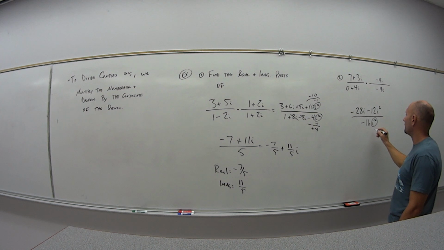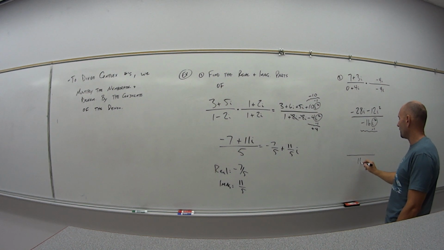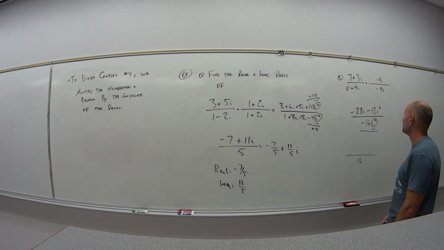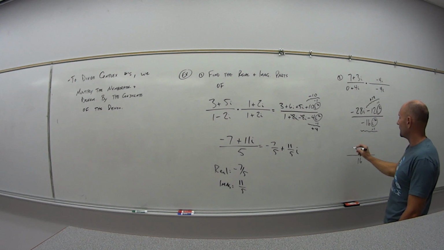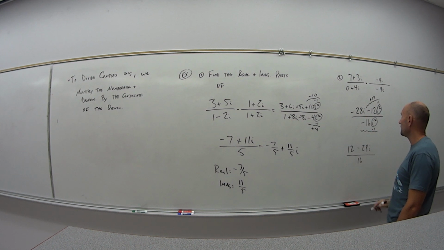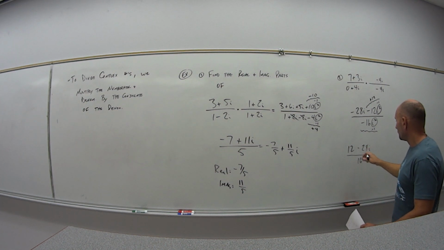Well, this i squared is negative 1. So the bottom, negative 16 times negative 1 is positive 16. In the numerator, this i squared is negative 1. So this whole thing is plus 12. So I get 12 minus 28i. Simplify this guy. So I can do what?